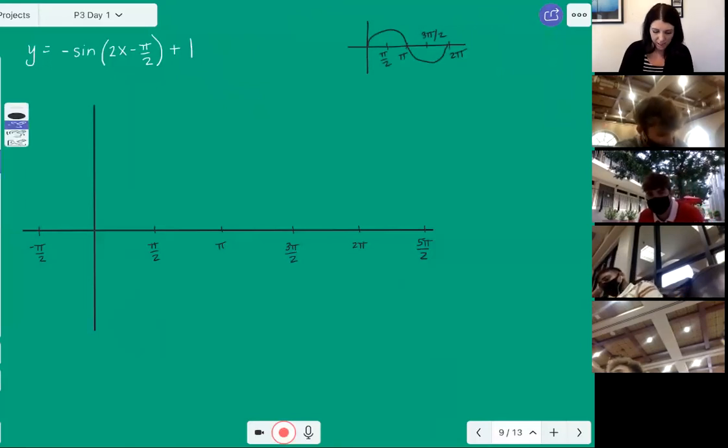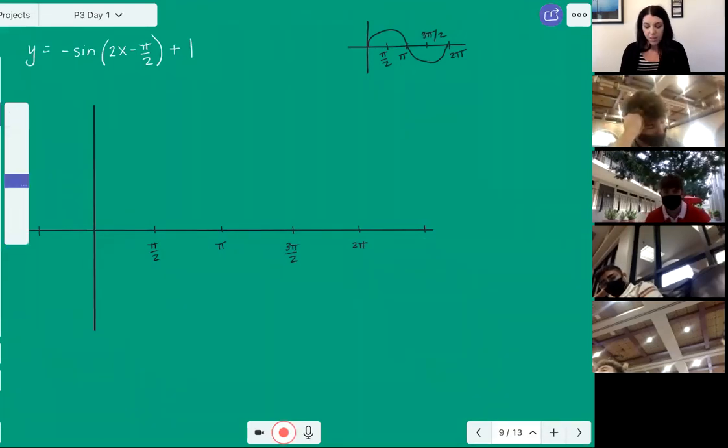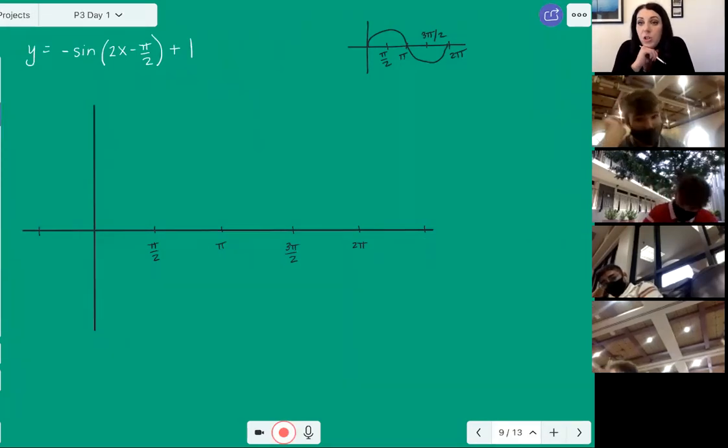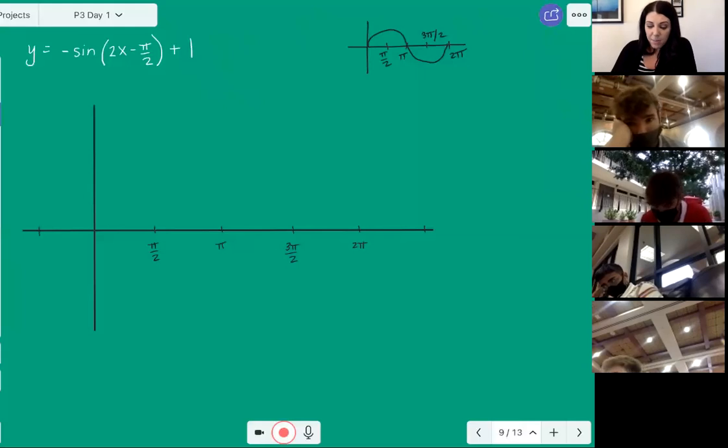I'm actually going to erase this leftmost point and this rightmost point for now. The period changed so that the period is now pi, meaning it's going to get done in half the time. So instead of going 0, pi, and 2 pi, it's going to go twice as fast.